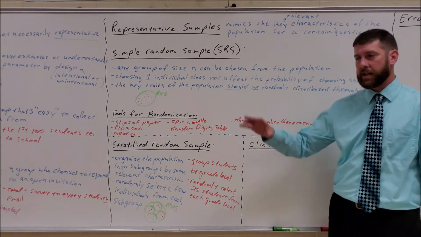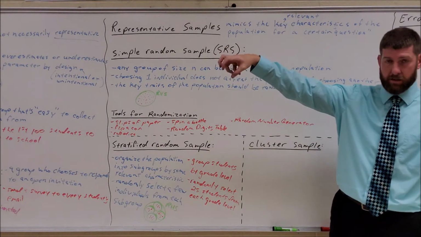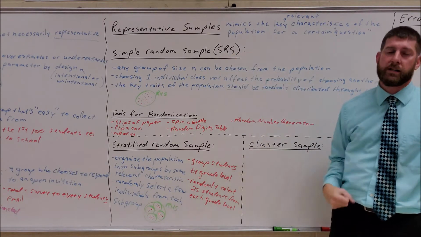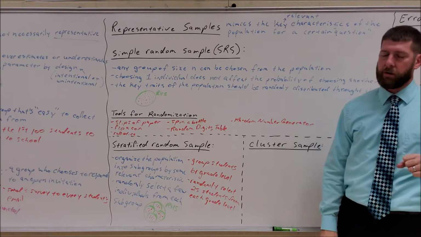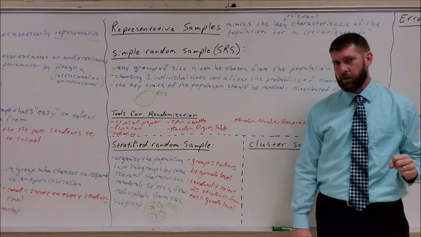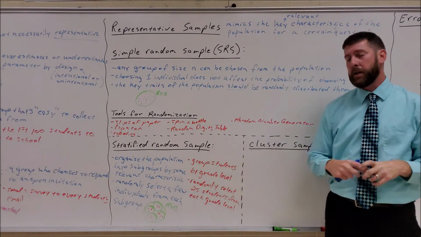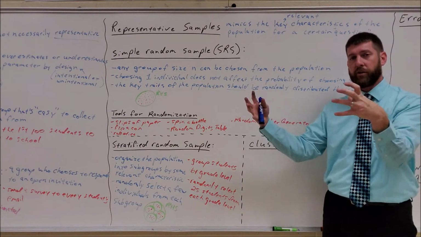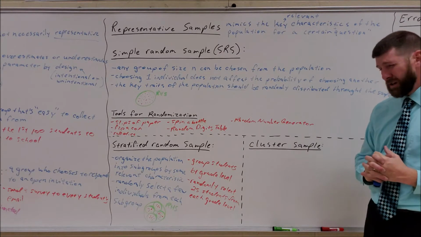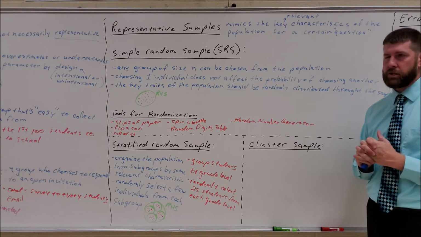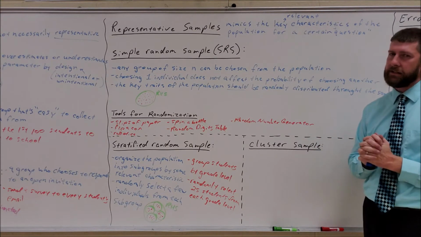So what I could do is say, okay, this rural area is going to be part of my sample, and this suburb area is going to be part of my sample, and then this urban area is going to be part of my sample. So I'm grabbing people by those clusters, by where they're physically located towards each other. So a cluster sample, it's not always about physical location, but generally that's what we go with.